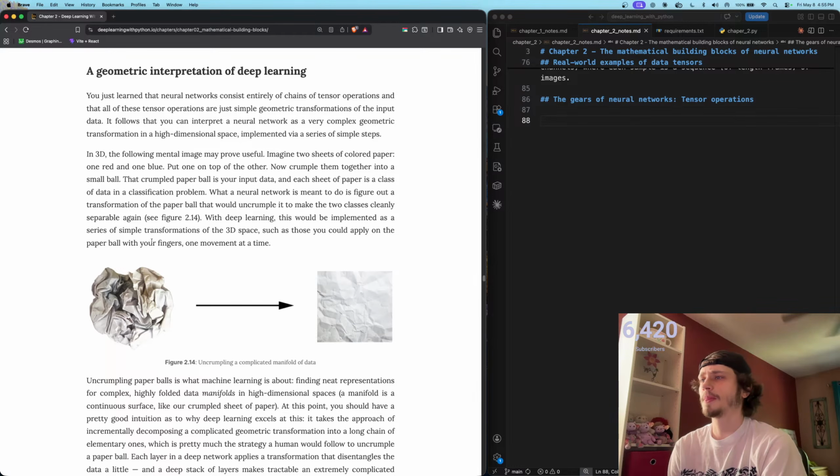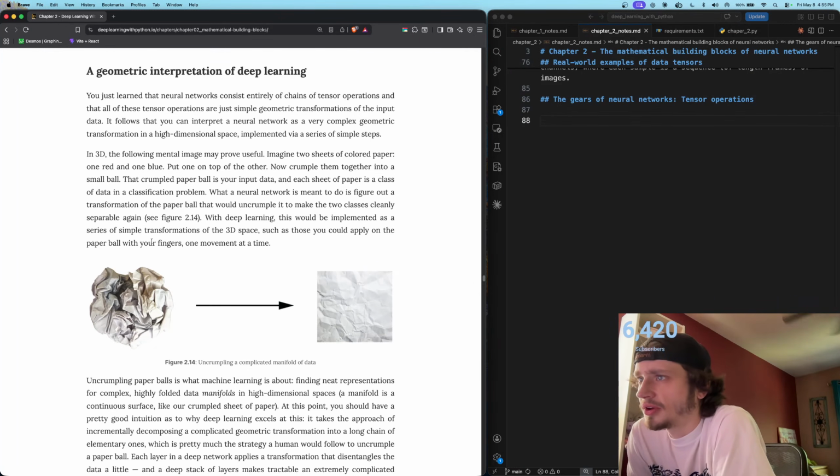In 3D, the following mental image may prove useful. Imagine two sheets of colored paper, one red and one blue. Put one on top of the other. Now crumple them together into a small ball. That crumpled ball is your input data, and each sheet of paper is a class of data in a classification problem.